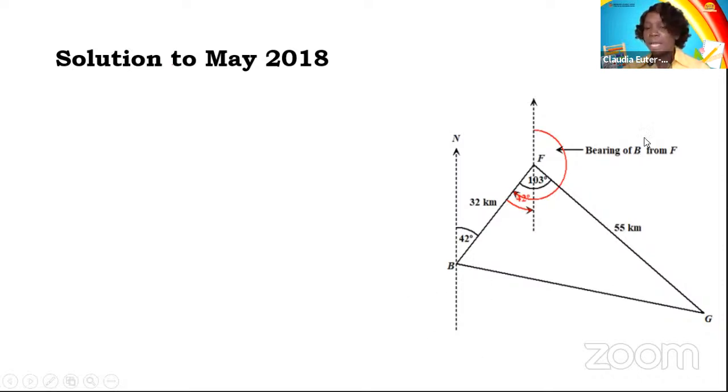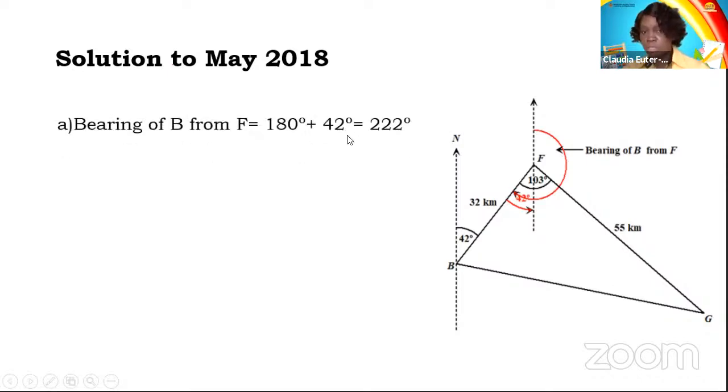So we now apply two things. We say that the angle formed here and the angle formed here are turning angles, so we know what the bearing is. If we know the bearing here, we can find the bearing, which is this one, and now we add it to the 180, and we get 220.